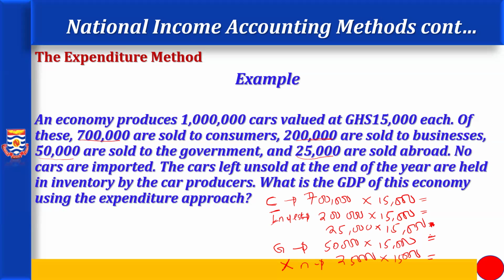So let's do some calculations here. Now, 700,000 times 15,000. You know what?